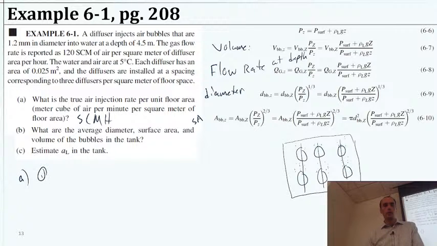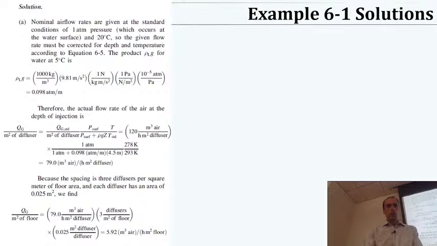So this would be our QG at some depth. And I think I've just got the book solutions. We've got 3 minutes, so we're just going to read through their solutions on A. So here it says, nominal airflow rates are given at standard conditions at the surface, 1 atmosphere at the surface and 20 Celsius.